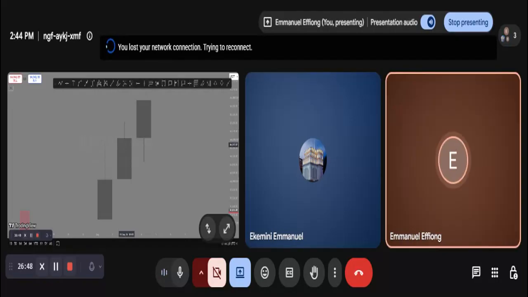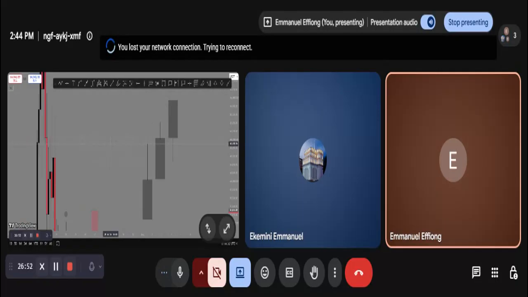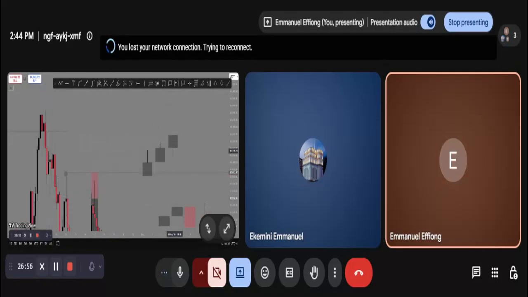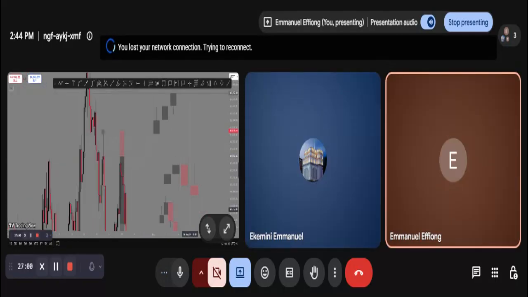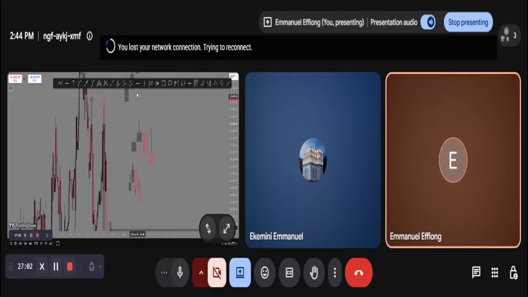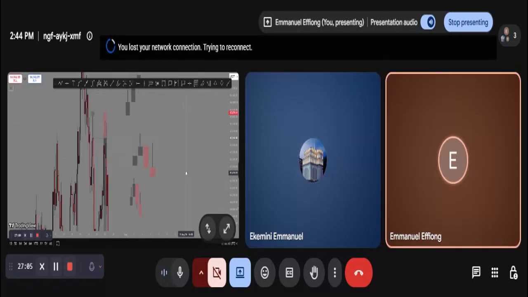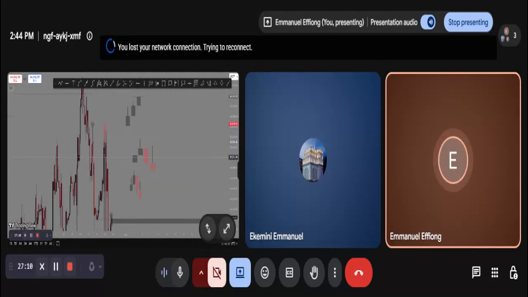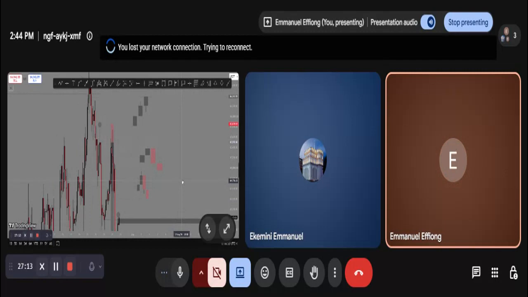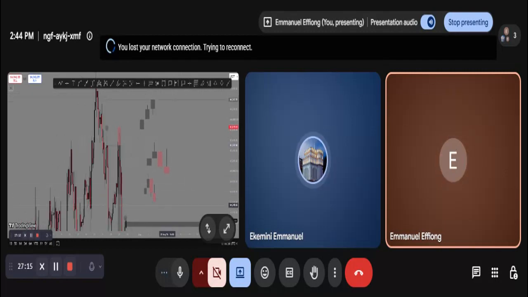There's something I call combo, the combination of two or more candlestick rejection candles. I don't know if you've heard me say something about this. No, you have not said it before.